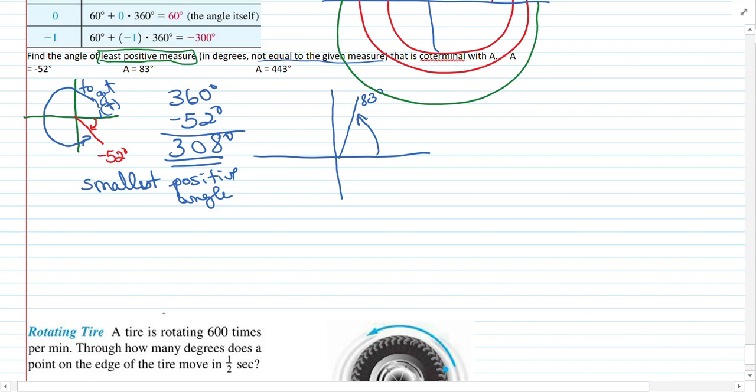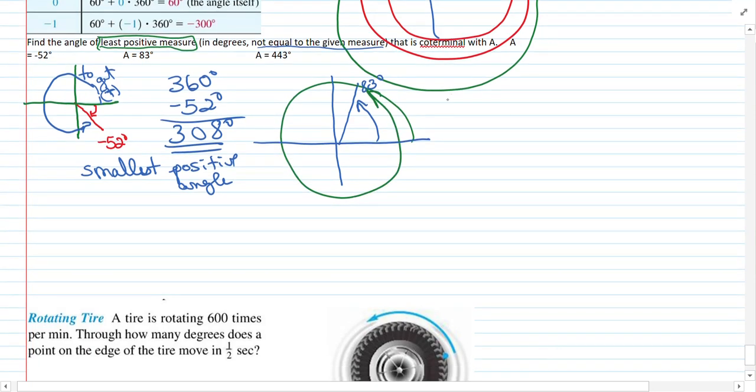So that means the only thing I can do is go in one more revolution to get to the same angle. So I would take my 83 degrees and add 360, and this is the smallest positive angle coterminal to 83 that we can give it. So this would be that answer.